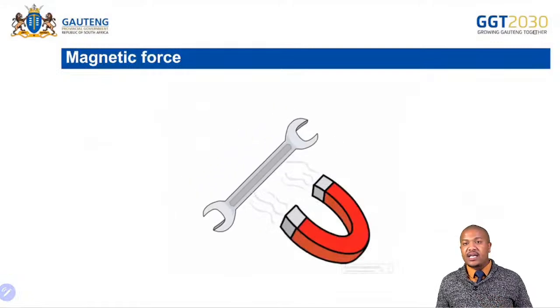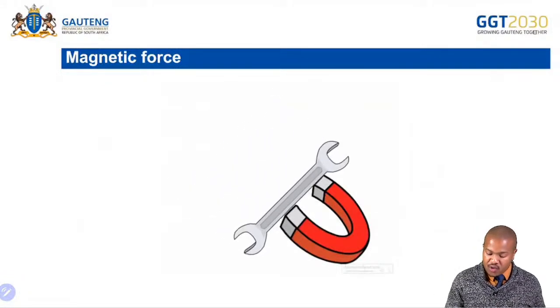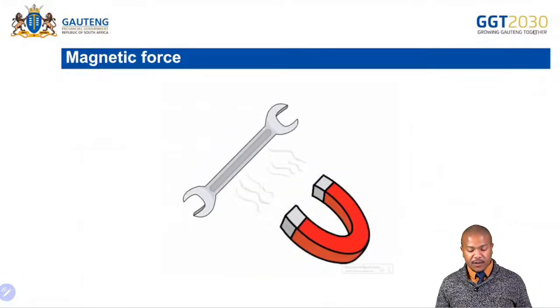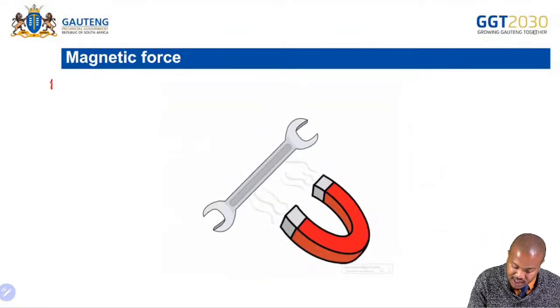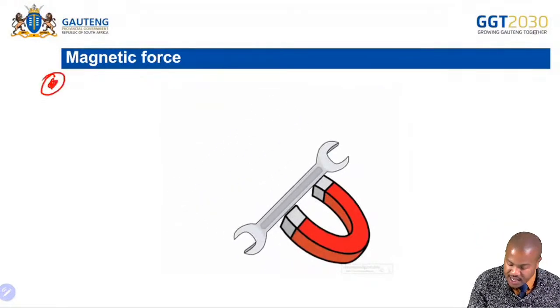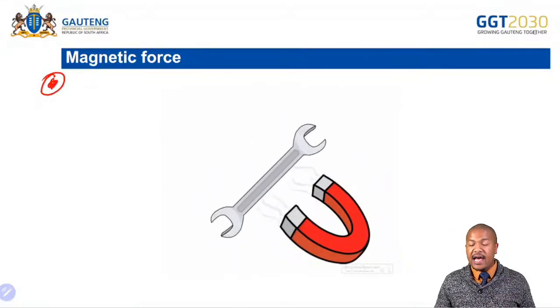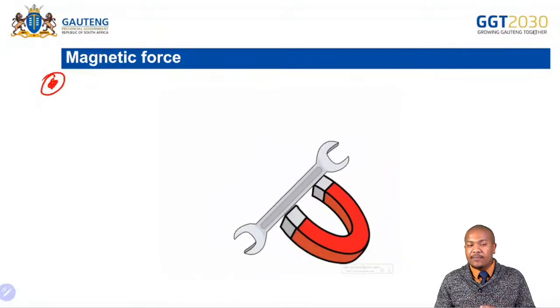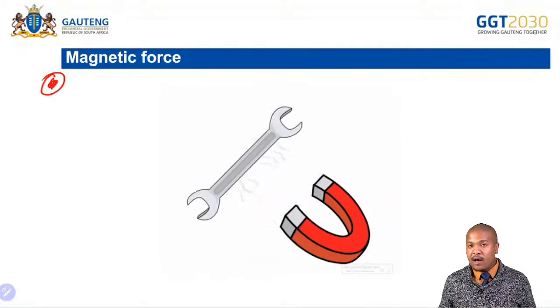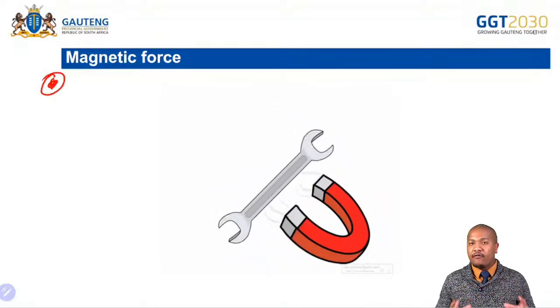Looking at this example again, here we have a magnet. Probably this spanner, if it was at this point here, was not going to be able to be pulled closer to the magnet because the magnetic field is far from it. Both magnetic fields are far from each other.